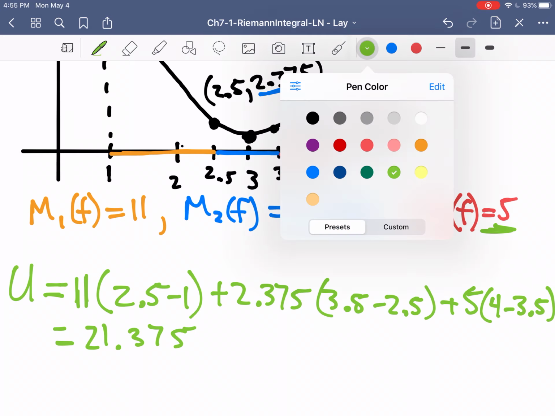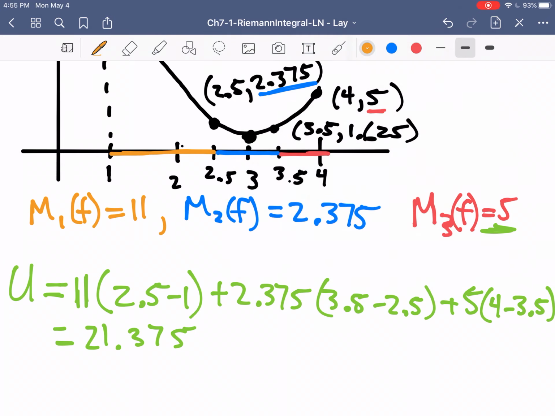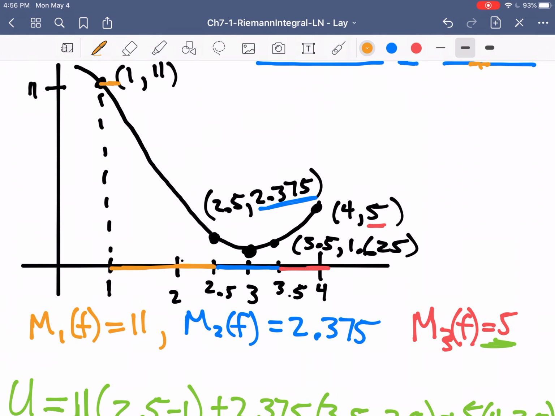Now for our lower sums, we go back and we look on each of those subintervals. We identify the infimums of the function values. And so on the orange subinterval, the infimum is that 2.375. For that second subinterval, the infimum actually occurs at 3. So it doesn't have to occur at the endpoints.